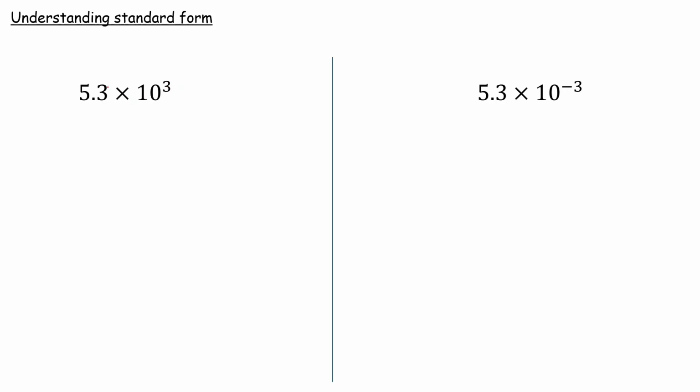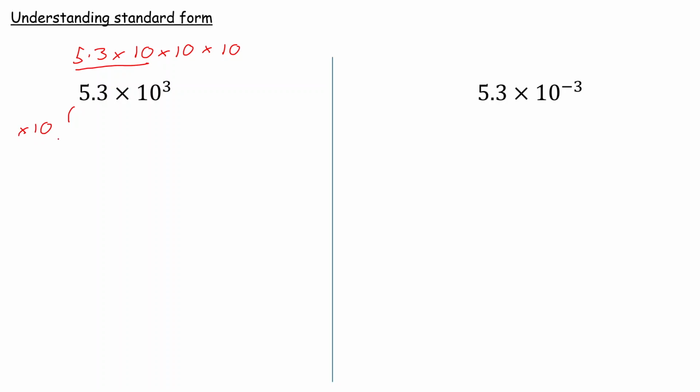But let's break this down. Well, we could write this a little bit differently. This could be written as 5.3 times 10 cubed. We know from our laws of indices that means times by 10, timesing it by 10, and timesing it by 10. So literally we're taking 5.3 and we're timesing it by 10 three times. So we're going to get a really big number at the end of it. If we go through this one by one, we take the 5.3, we times this by the first 10.